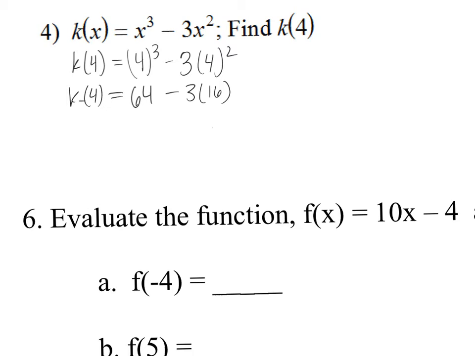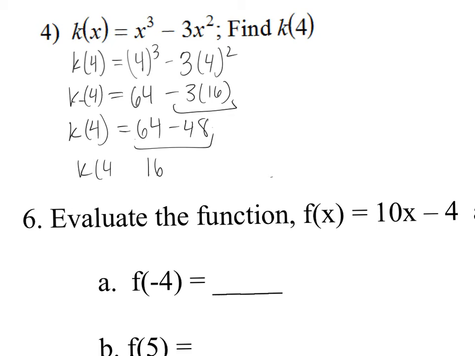So that means I have k of 4 equal to 64. This will give me minus 48. Putting those two together, I get 16. So k of 4 is 16.